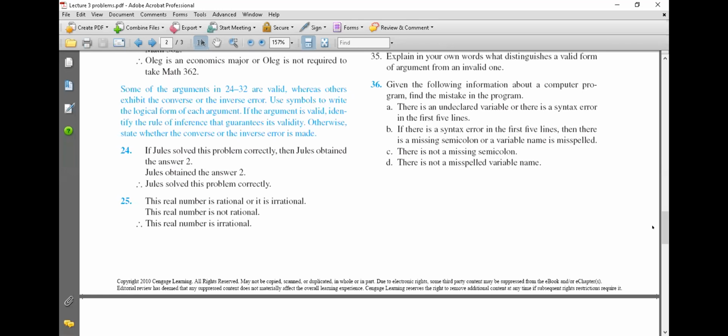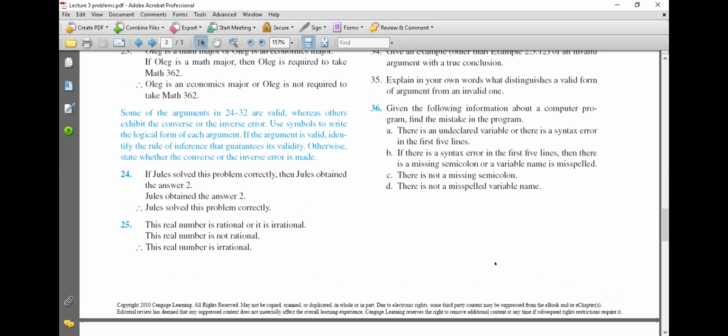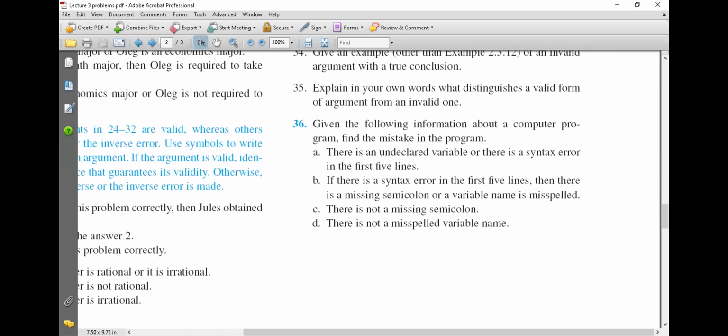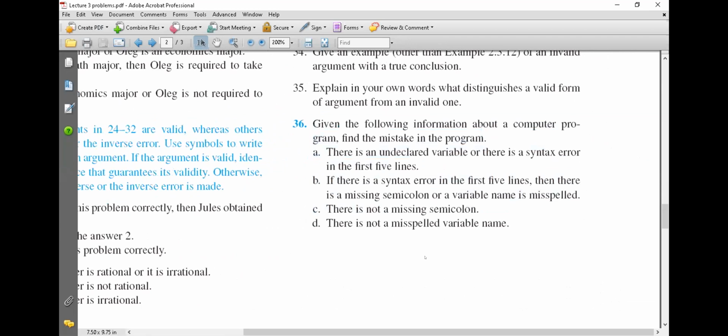Can you see the problem? Yes, 36. Now, this one. We have to find the mistake in the program.